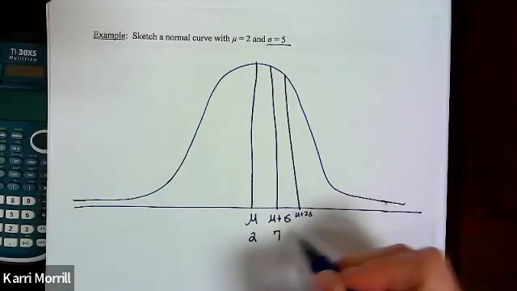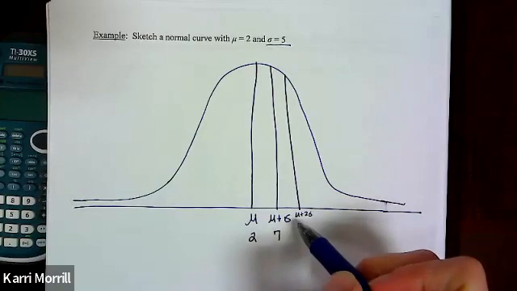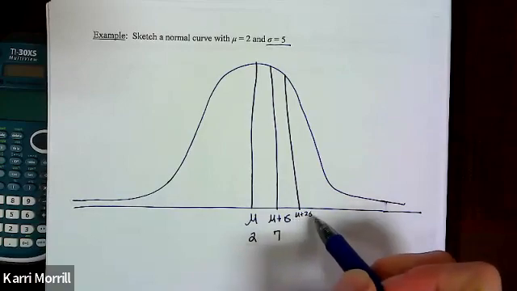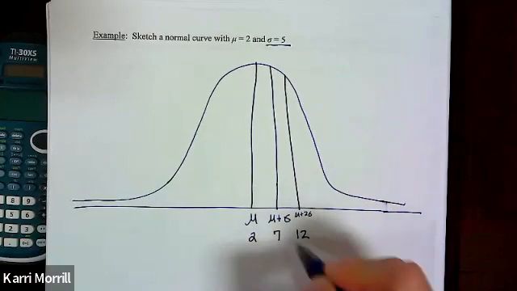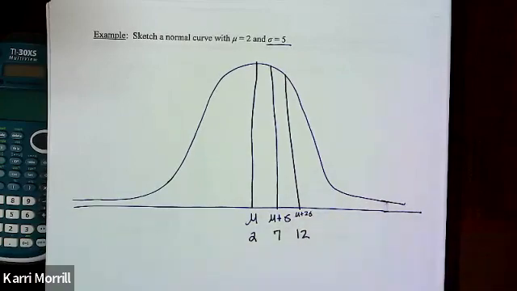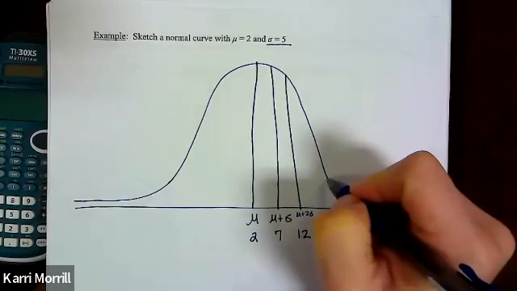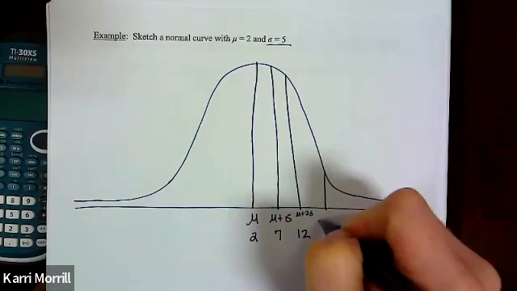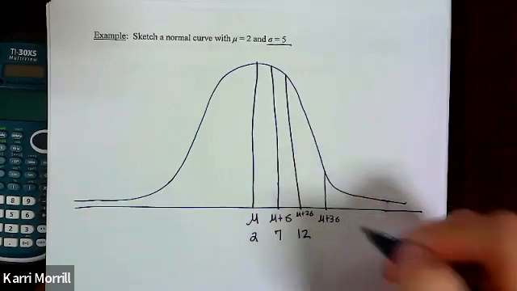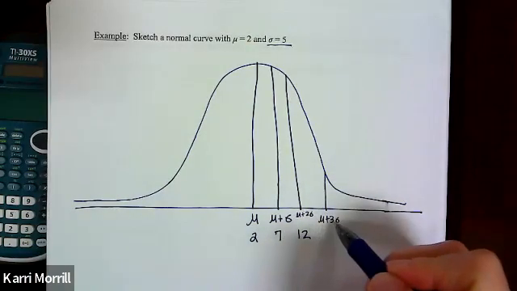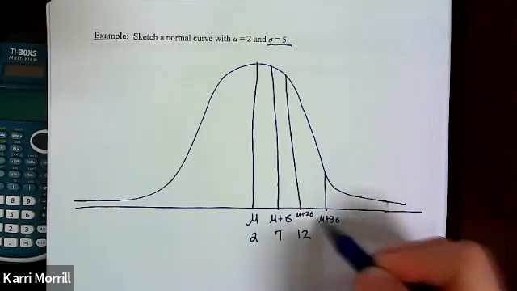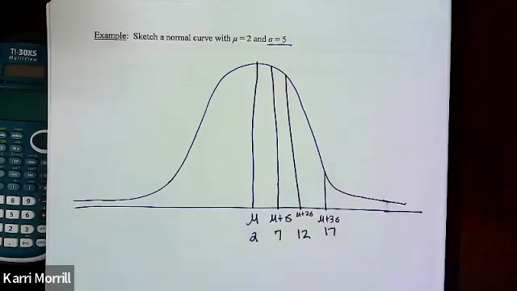And so if I were to take our mean, which is 2, plus 2 times 5, that would give us the number 12. Or you could think you're adding 5 each time as you move to the right. And then we're going to do one more, and this will be your mean plus 3 standard deviations. And again, this is like saying 2 plus 3 times 5 is 15, plus 2 is 17, or again, just add 5.